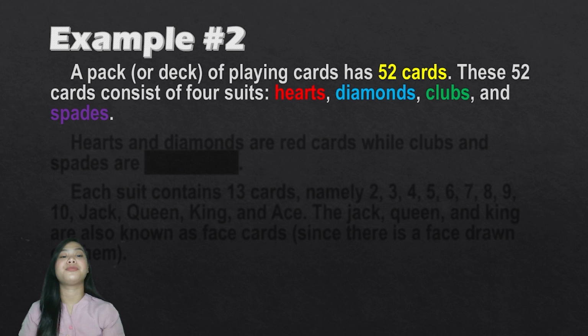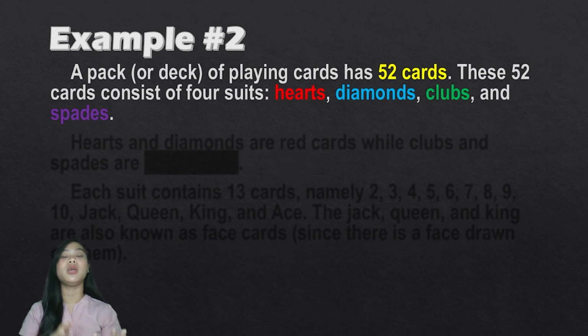A deck of playing cards has 52 cards. I think we are all familiar that a deck of cards, disregarding the 2 jokers, has 52 cards. When we add the jokers, we have 54, but we'll disregard them.